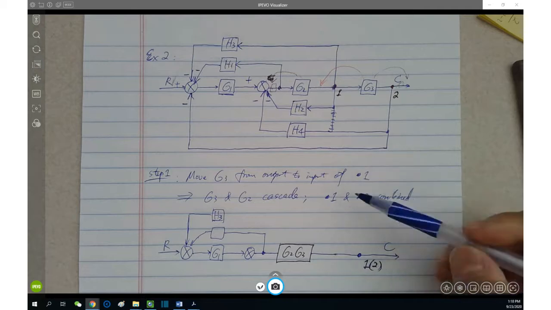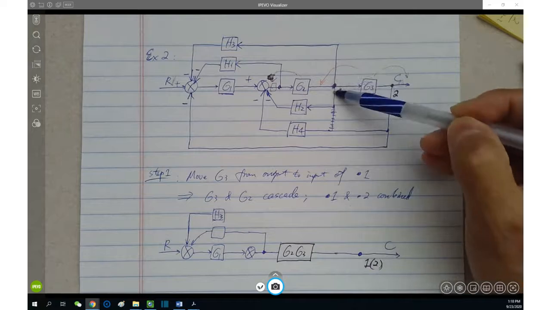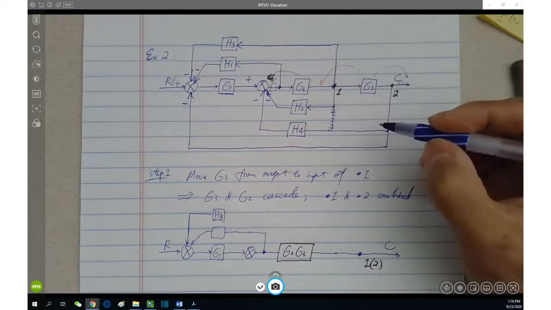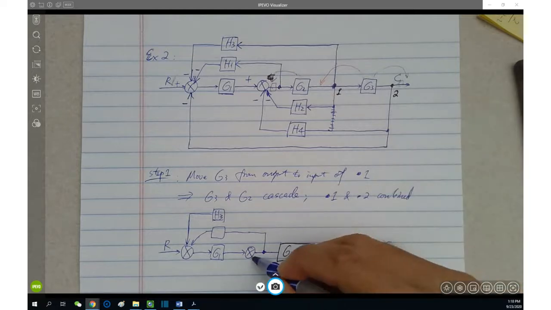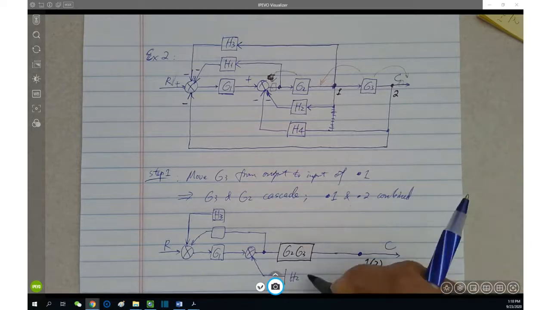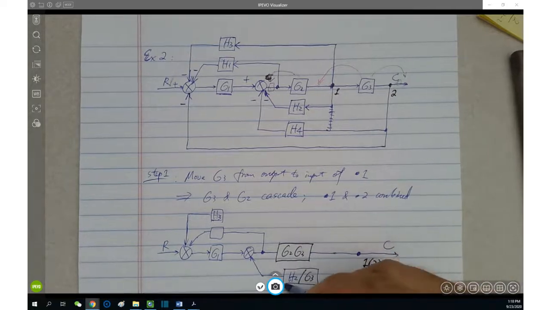The other outputs of the pickoff point 1: one goes up, one goes down. So affecting H2, you need to divide by G3. Okay, this is very important.